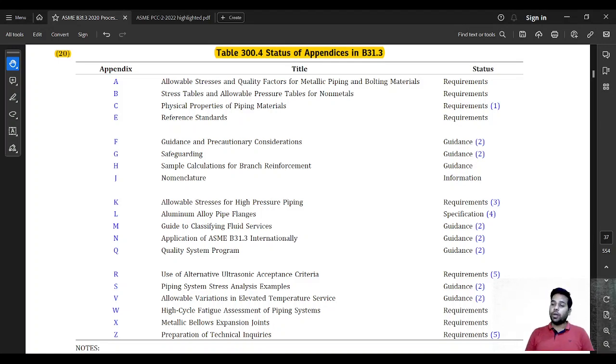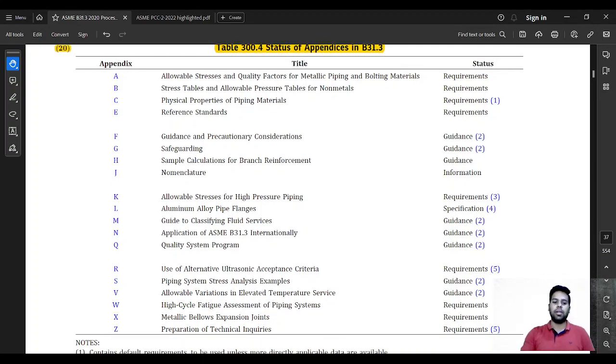Those are going to be the good practices that have to be followed, but they are not mandatory. Information is just an informative appendix. This means it does not need to be followed, but information will give you general information on how to approach some things which are given in information. So nomenclature is going to be information. What are some different nomenclatures for different areas on the piping system? It is just information that is given.